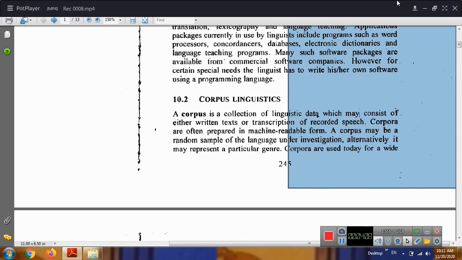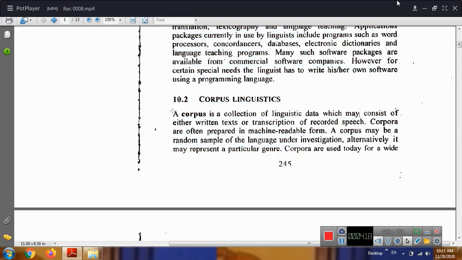A corpus is a collection of linguistic data which may consist of either written text or transcription of recorded speech. Corpora is the plural form of corpus.